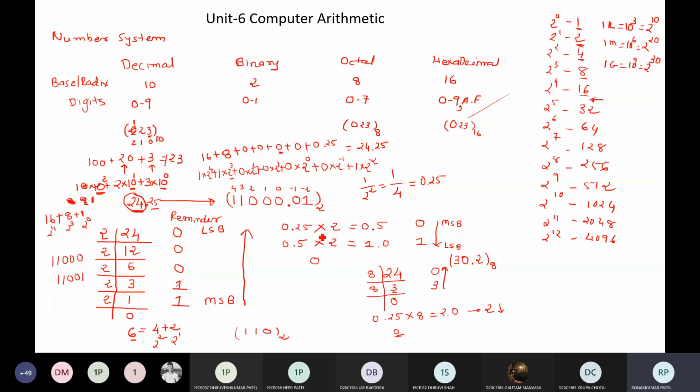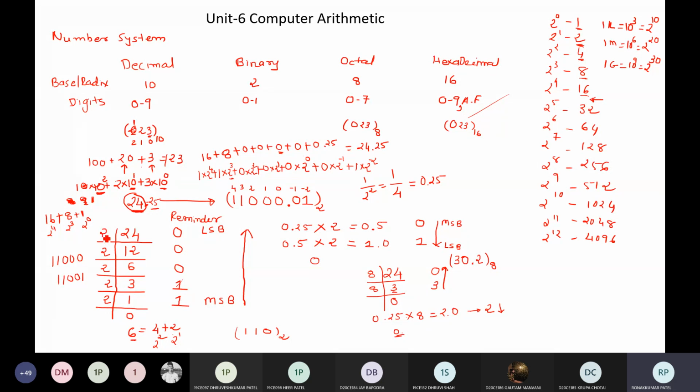For the fraction, you need to multiply with that radix or base, and until you get 0 you need to keep multiplying. Here we are taking the whole number, the part before the point, right? In this case you need to write top to bottom. This is your MSB and this is your LSB. This will change whenever you have a different base or radix.